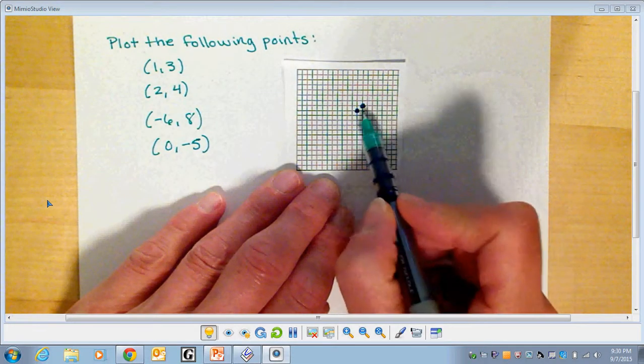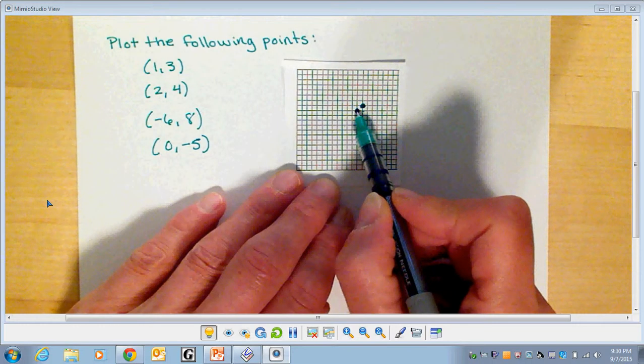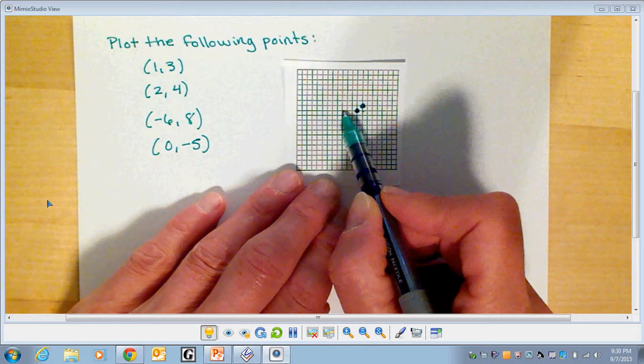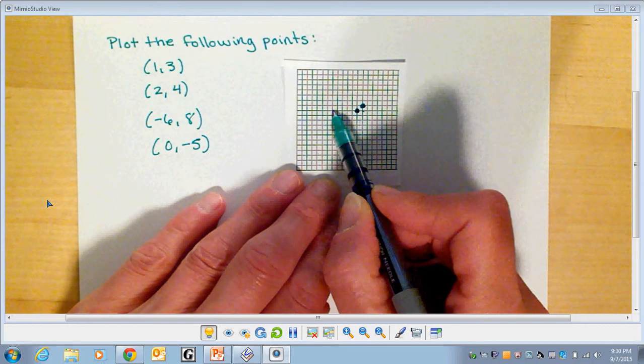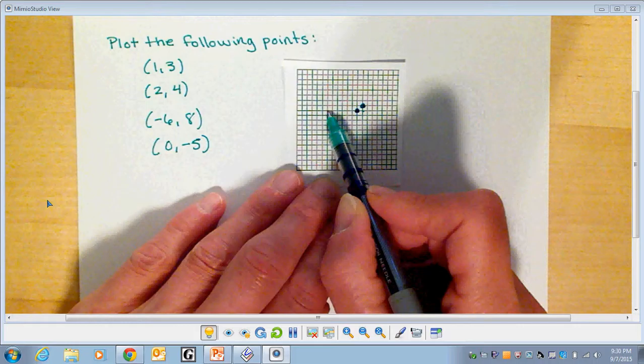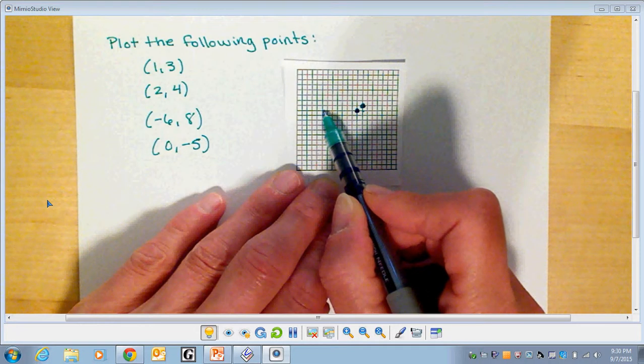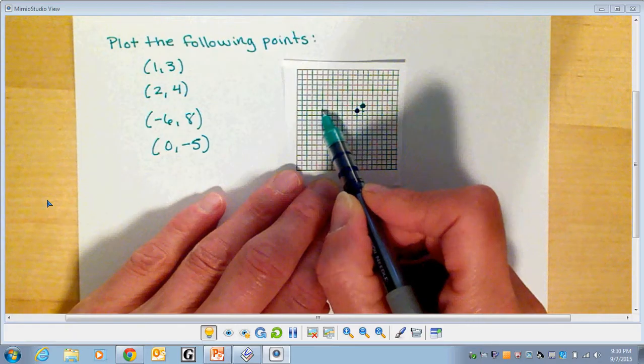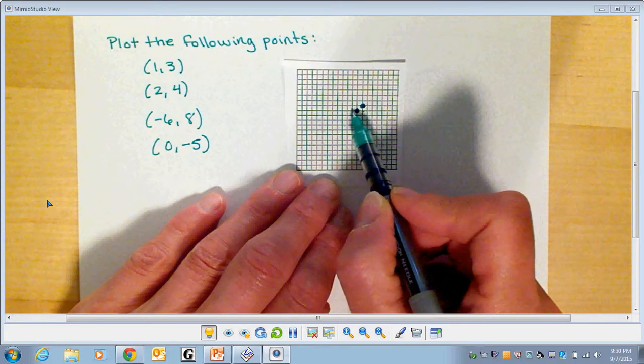Oh, that's a little bit more challenging. So let's see, this one here was 1, 3, so for -6, that means I would have to go 0, -1, -2, -3, -4, -5, -6, and an 8. Well, this was 1, 3 over here. Wait, oh, I just moved my pen.